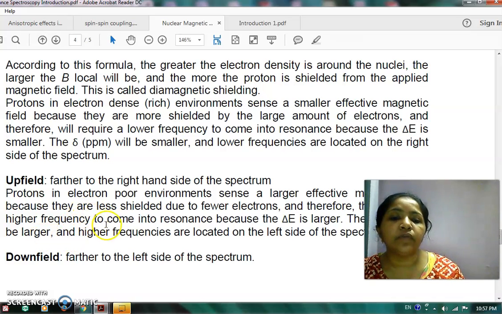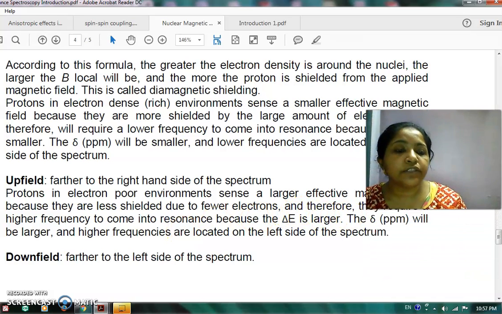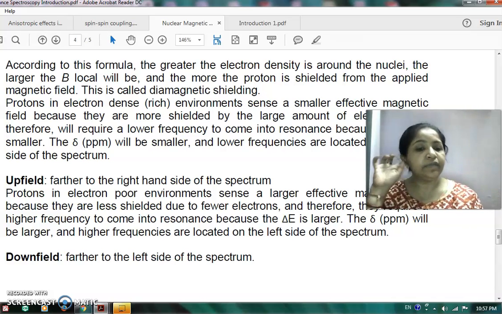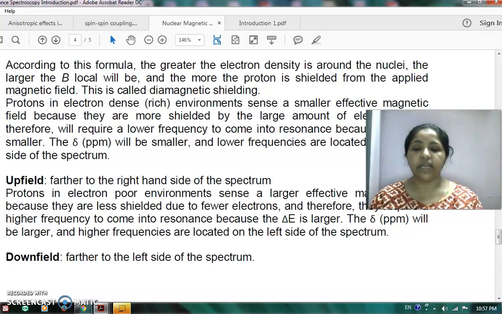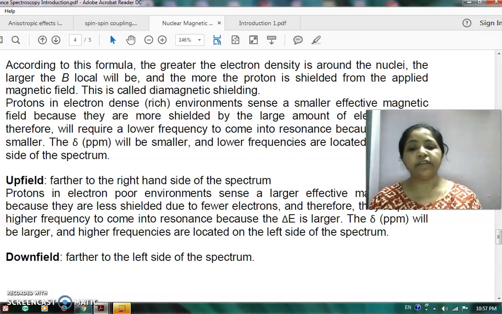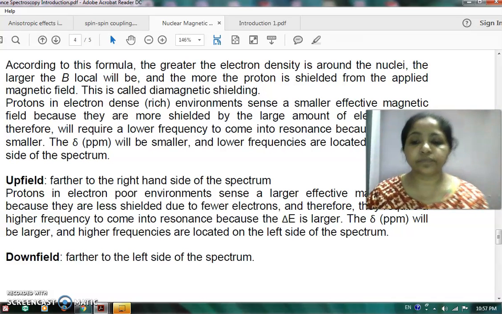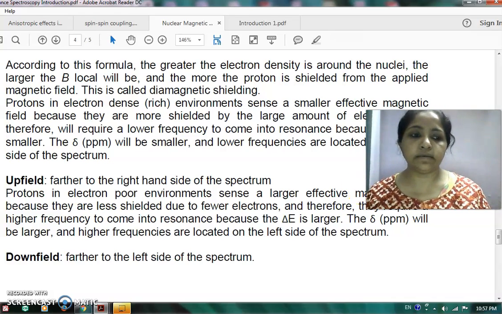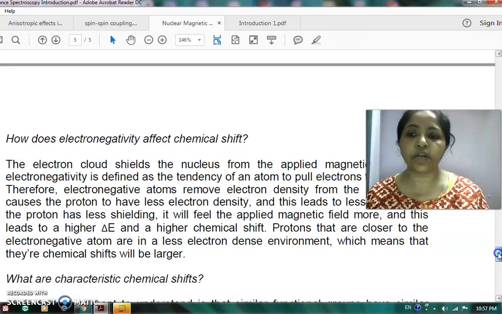So it will require lots of energy to resonate it, and therefore delta E is larger, the delta value will be larger, and it is at higher frequency and towards the left hand side. This we call downfield, because it is de-shielded. De-shielded means downfield. Okay, so let us see a few more terms.